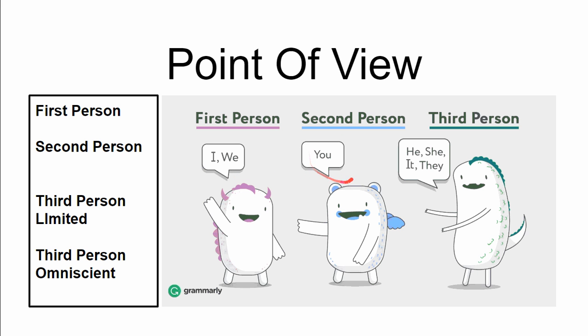In second person, we're going to hear words like you because the narrator is talking to you. We don't see second person as often as we see first or third person limited and third person omniscient. In third person, there's a narrator telling the story, and you're going to hear pronouns like he, she, it, they did this, they went there. We're going to look at each of these four in a little bit more detail.